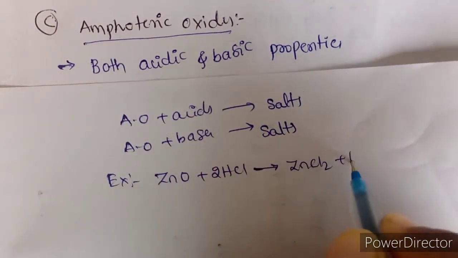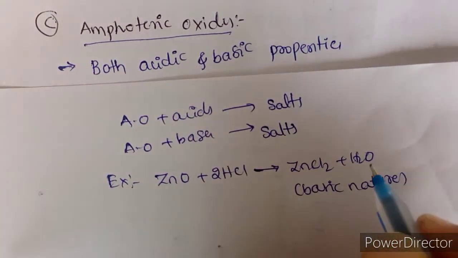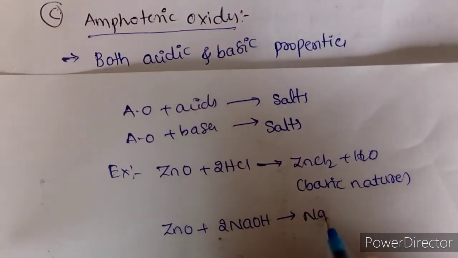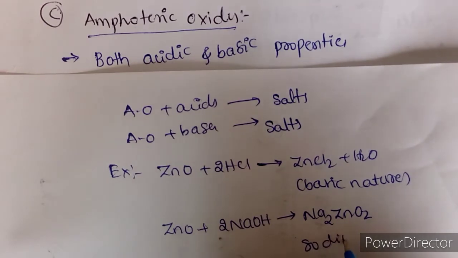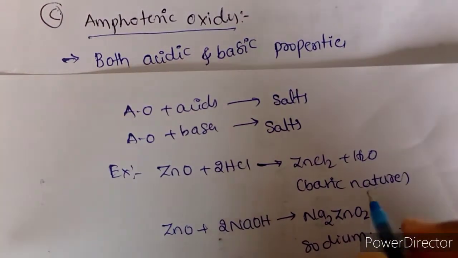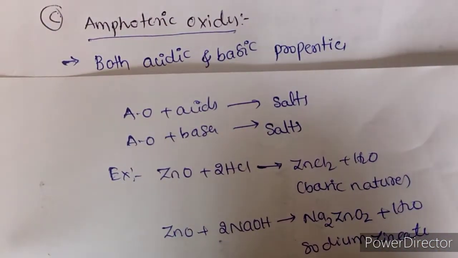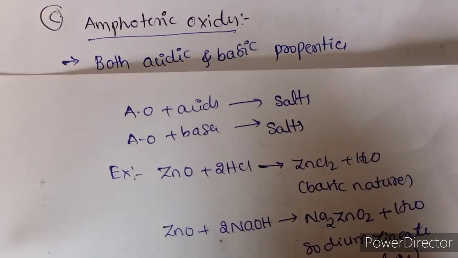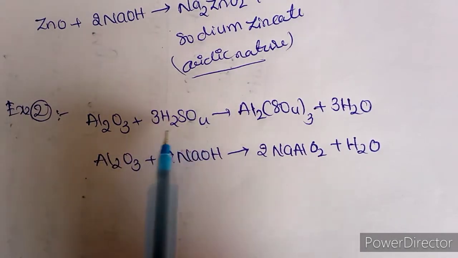Example, zinc oxide, when we treat this with acid, produces zinc chloride salt. It is a basic property. And again, zinc oxide with a base gives sodium zincate salt. It is an acidic property. That means here zinc oxide is acting as acidic and basic, so it's showing amphoteric nature.